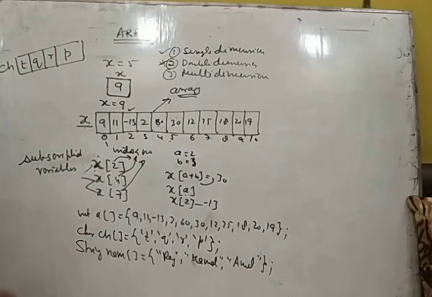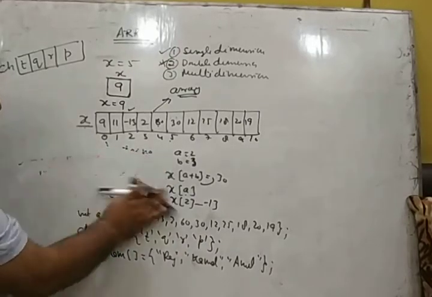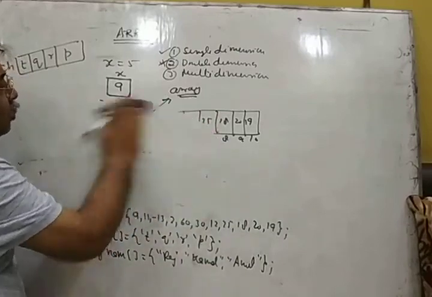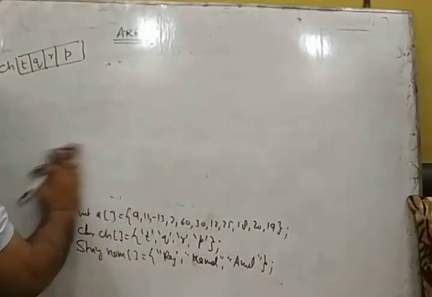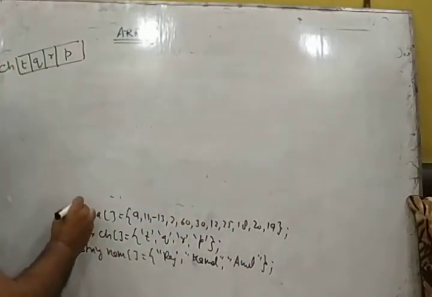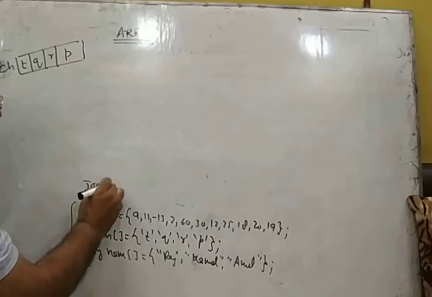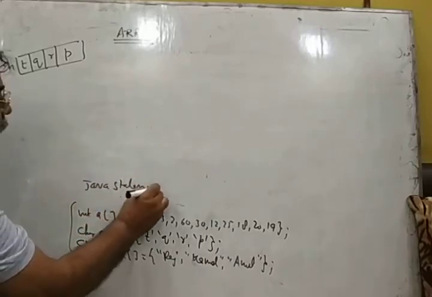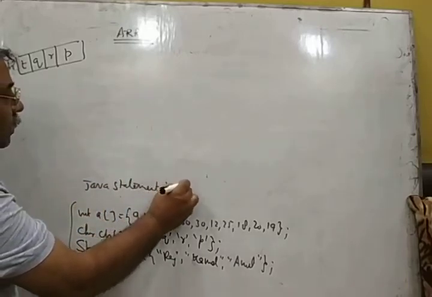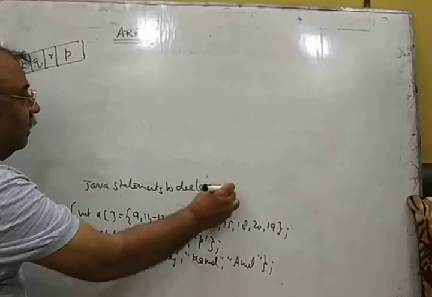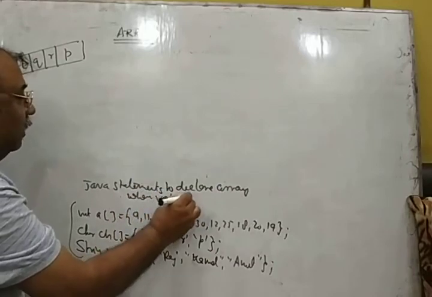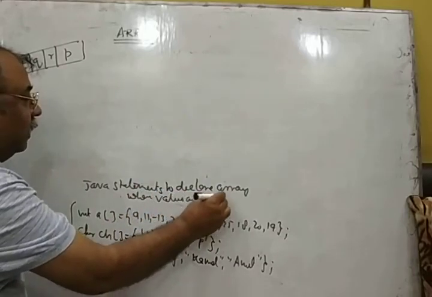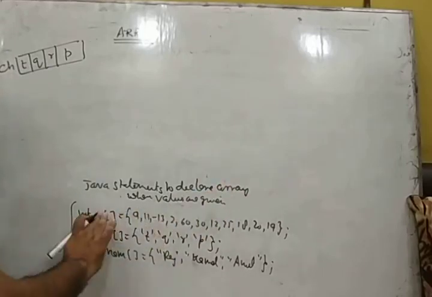Now, if the values are not given to you, and you are declaring it in general, but you want to tell your computer that you have some values you want to store later, these are the Java statements to declare an array when the values are given, where you want to store them into the array.